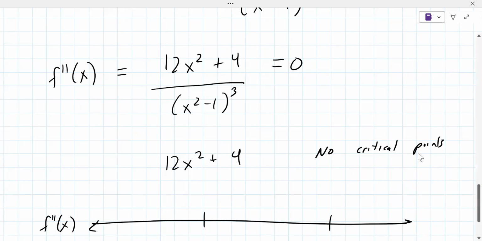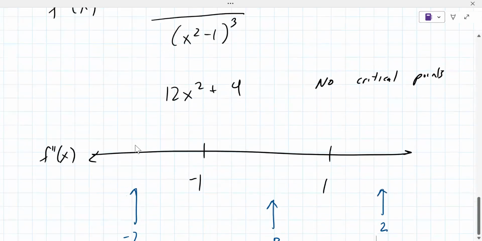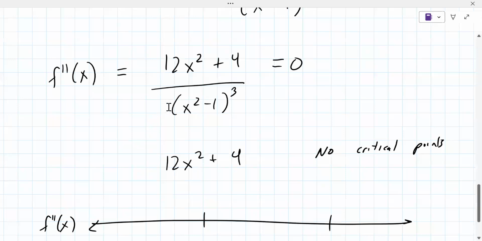All right, you have anything for me here? Okay, so -2, I got -52/27. You're trying it in here, right? In the second derivative. Yeah. So the numerator should be positive. If you're squaring a negative, that's positive, times 12 is positive, plus 4 is positive.